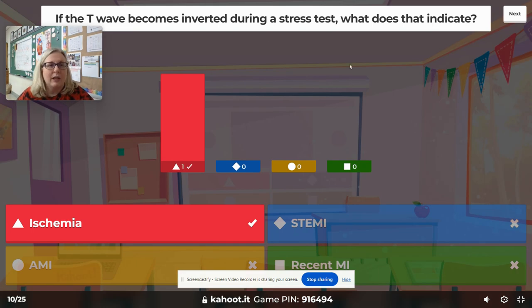Inverted T's can only mean two things, either ischemia or a recent MI. If it's a normal T wave before a stress test and it becomes inverted during a stress test, that is a sure sign of ischemia. If you hook them up to the EKG at rest, laying on the bed, and they have really deeply inverted T's without any stress, just laying there still, it could most likely be a recent MI.